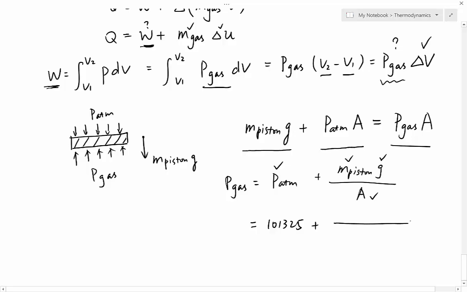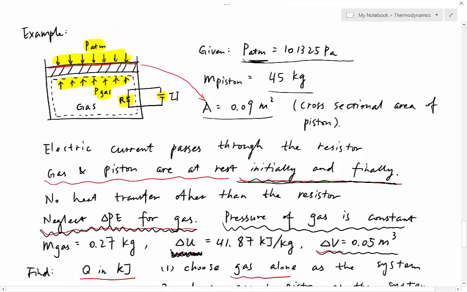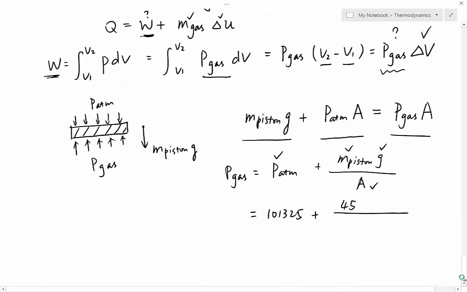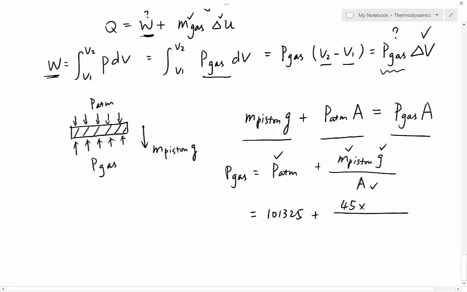Mass of the piston, given, 45 kilogram. If you go back to the question, you can find pressure of the atmosphere given, mass of the piston given. Okay, 45 kilogram multiplied by g, 9.8, divided by A, cross-section area, which is also given, 0.09 meters squared.